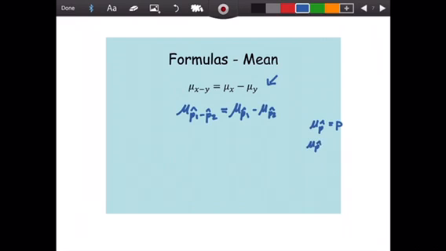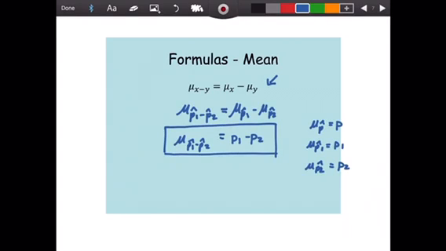So the mean of p hat 1 would be P1, and the mean of p hat 2 would simply be P2. So we could rewrite this formula as P1 minus P2. So if we're trying to find the mean of p hat 1 minus p hat 2, or the difference in two sample proportions, it's simply P1 minus P2.